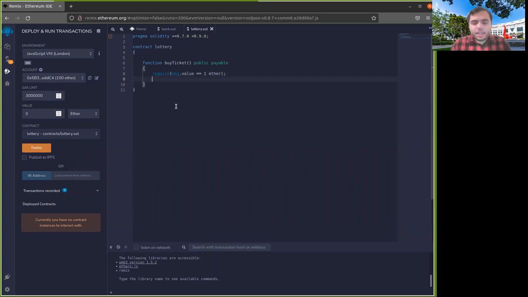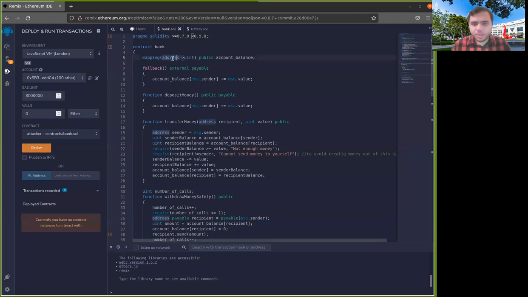And then the next thing I have to do is that I should just make some notes that this particular person bought a ticket, right? So I can have an array or I can have a mapping. Doesn't really matter. We can use the same things that we had here.